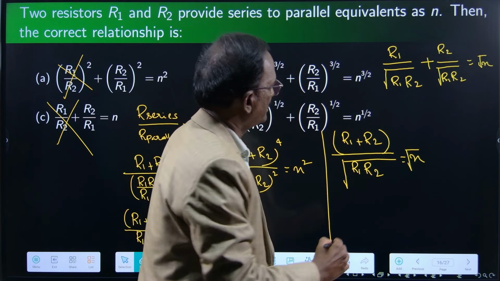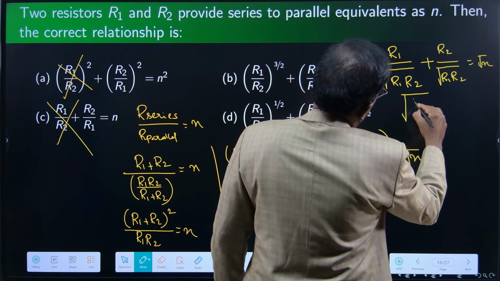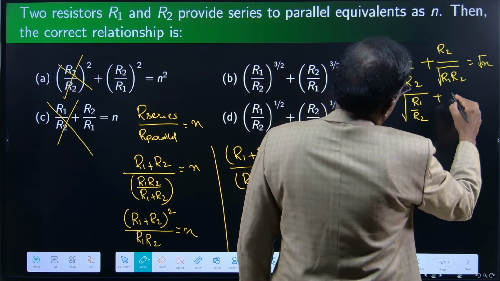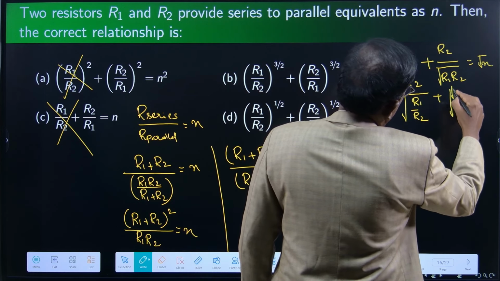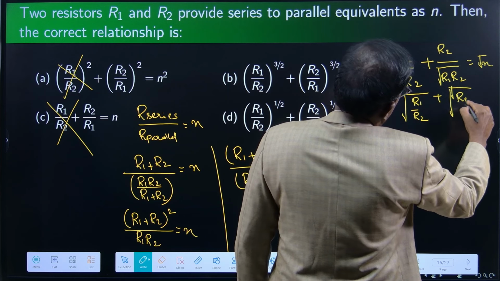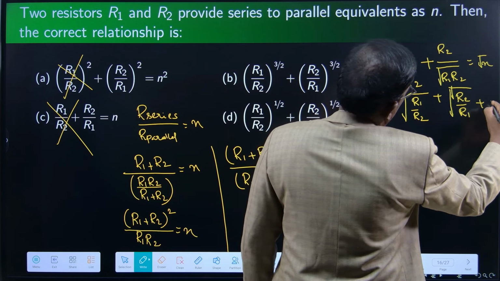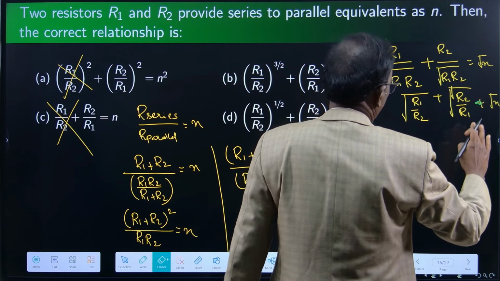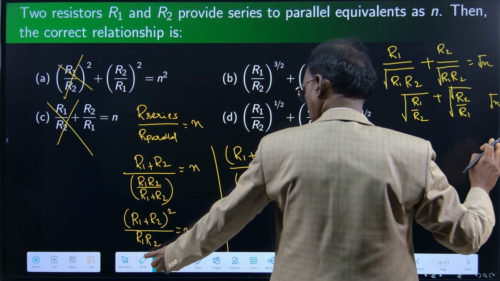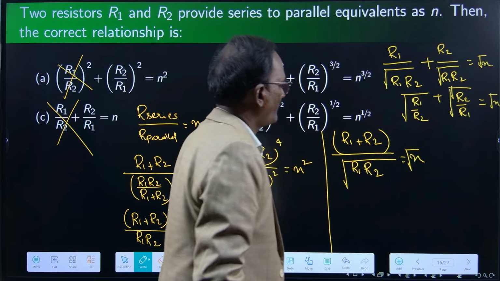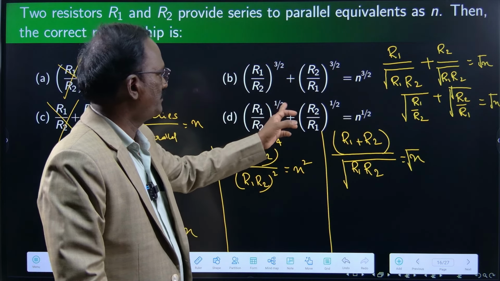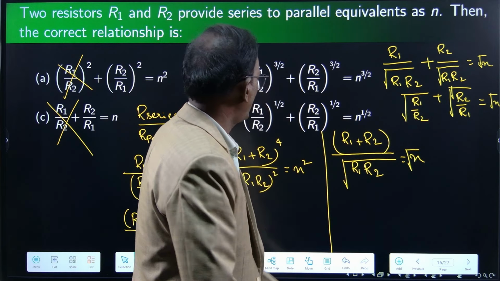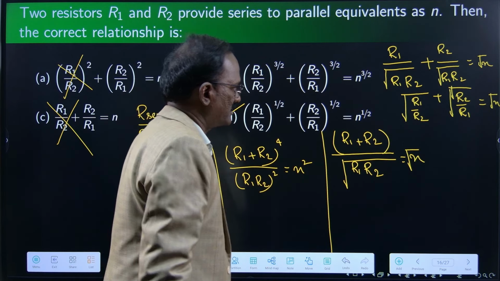Then one R1 I can remove: here R1 by R2, one R1 I am removing under the square root. Then here R2 I can remove. So under the square root R2 by R1 plus R1 by R2 is equal to root N. This is R1 by R2 power half plus R2 by R1 power half, and the right hand side is N power half. Option D is the correct answer.